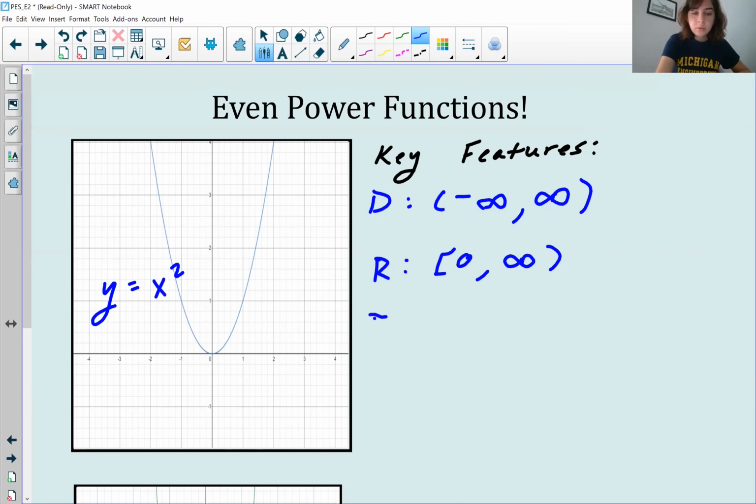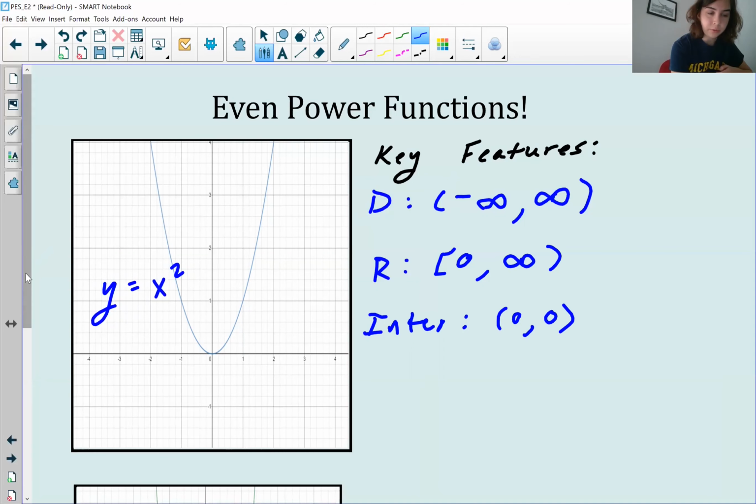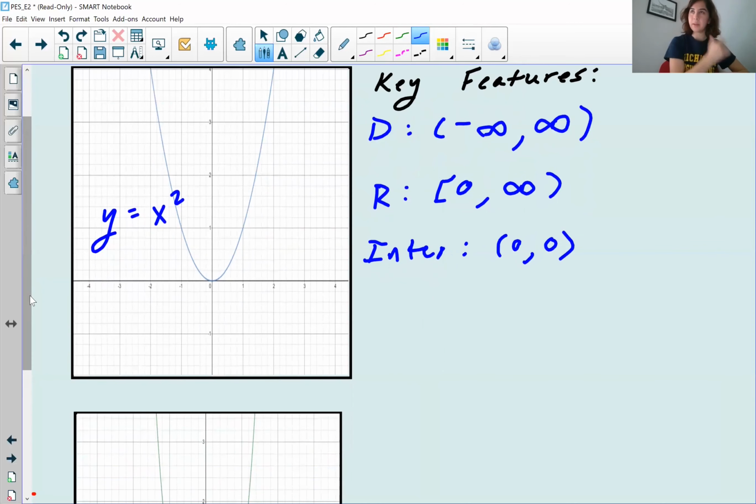Let's go to intercepts. So this graph intercepts the y and x axis at the same place, which is going to be at 0, 0. And that'll be true for, I think, all power functions. Intercept at 0, 0.